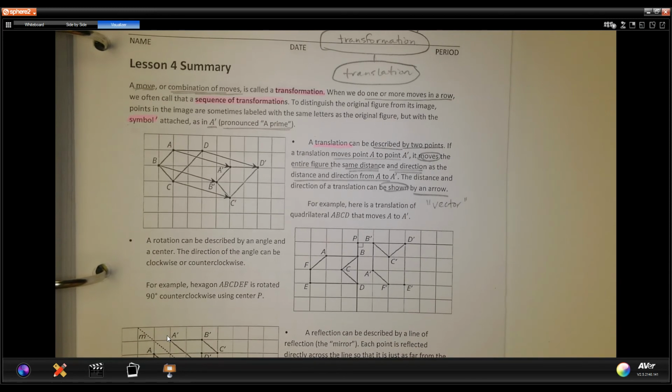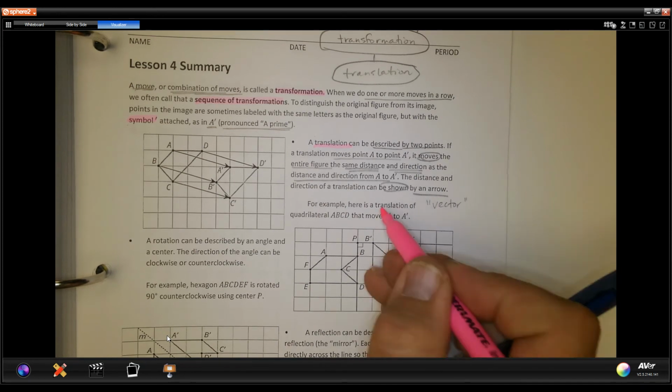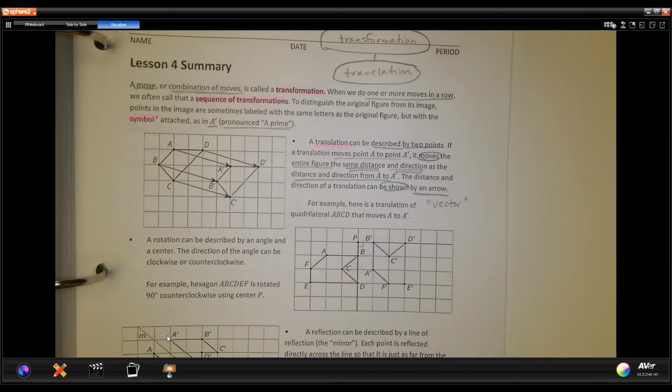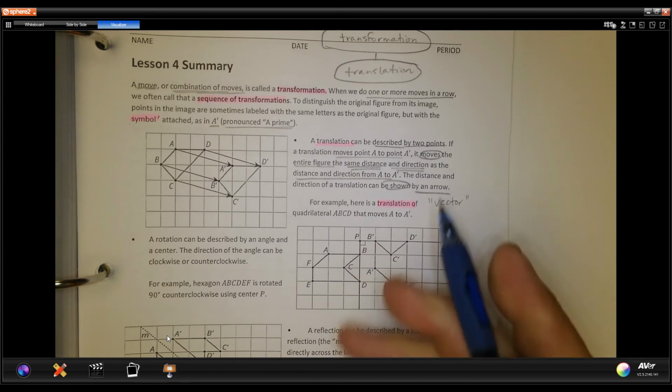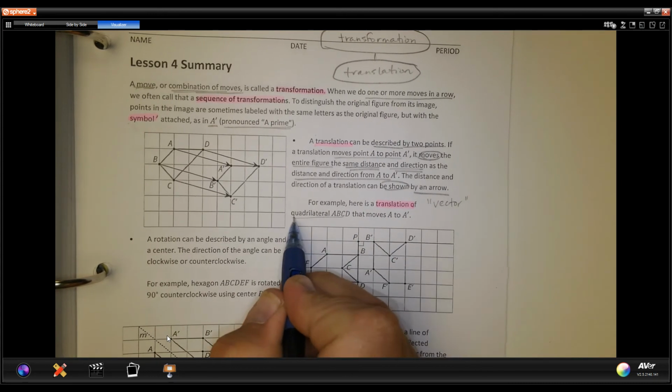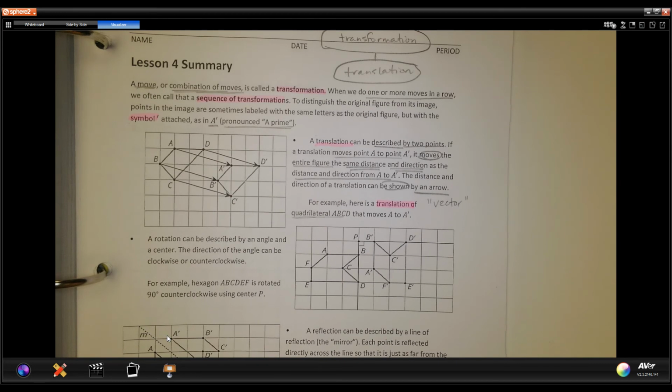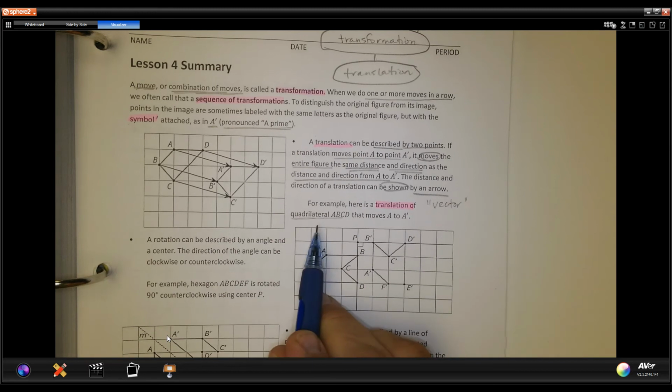When we're going to talk about a translation, we have very specific things that we talk about. For example, use this sentence stem today as a helper for when you do your homework. We're going to look at this and say, here's a translation. Name the figure that you're actually moving. We can't say translate it, because we have to move past that. We need more precision of language. We need to say what we are translating.